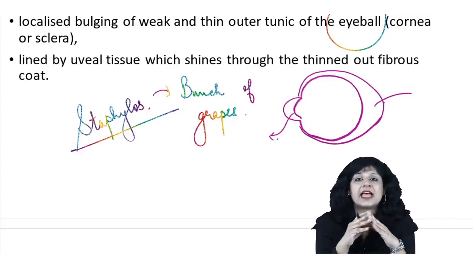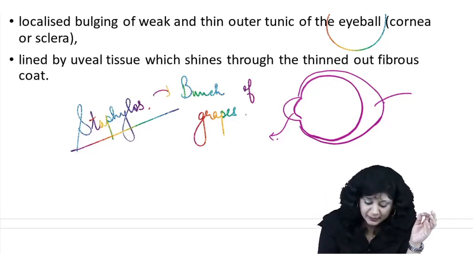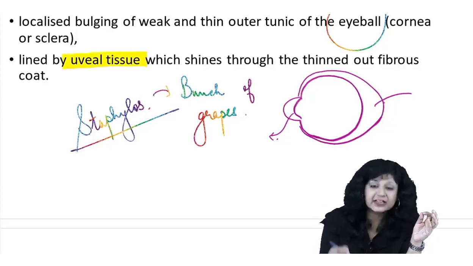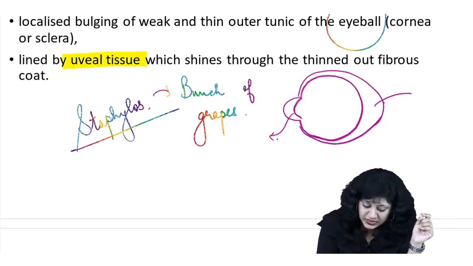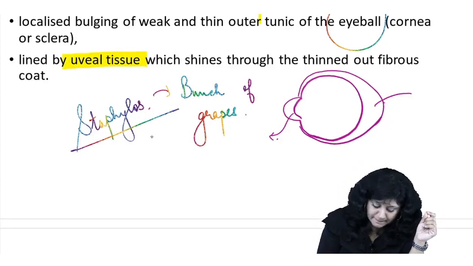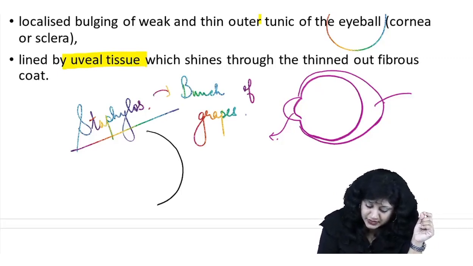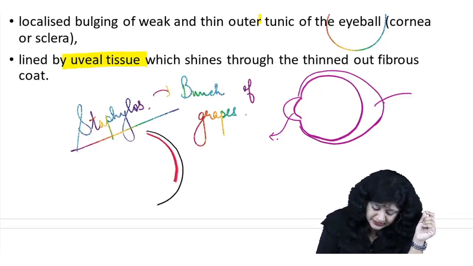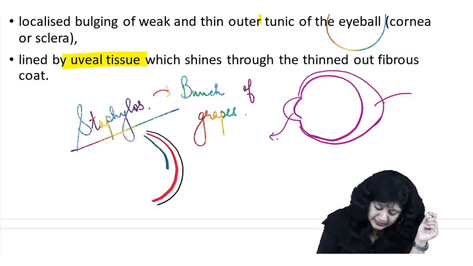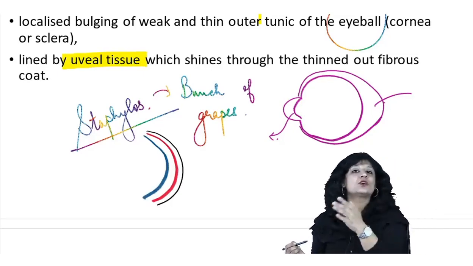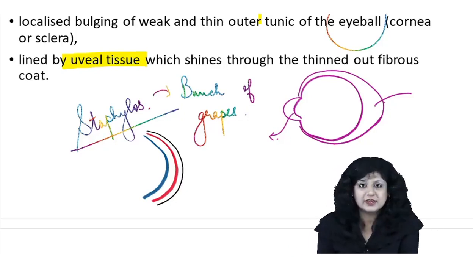We know that this outer coat of the eyeball is lined by the uveal tissue. Do you remember we always draw the three coats? The outermost we always draw with black color. Then I draw it with red color, representing your uveal tissue. And then we draw with blue color, your inner coat, the nervous tissue. Yes or no?